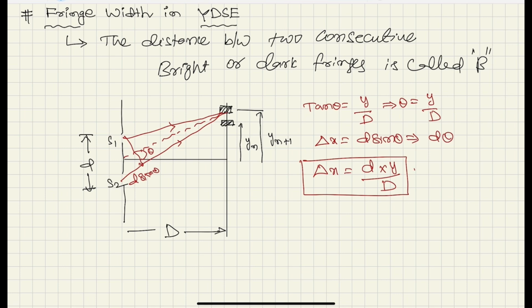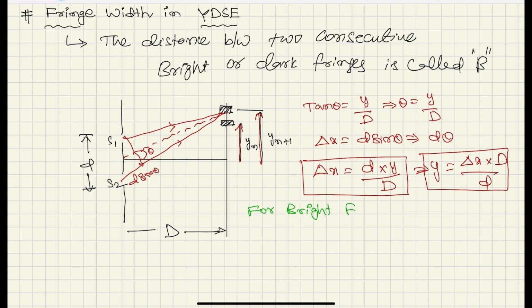Now, y means this height. So y is equal to delta x into D by d. Now the condition: for the bright fringe, the intensity is maximum, so delta x should be n lambda.